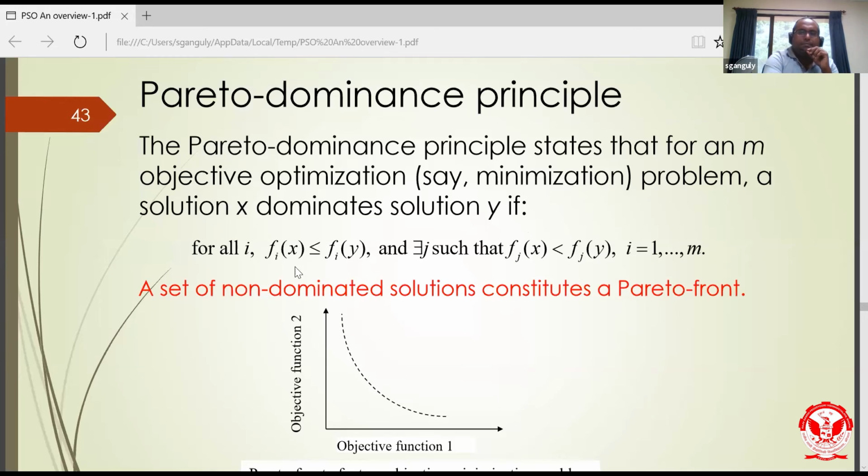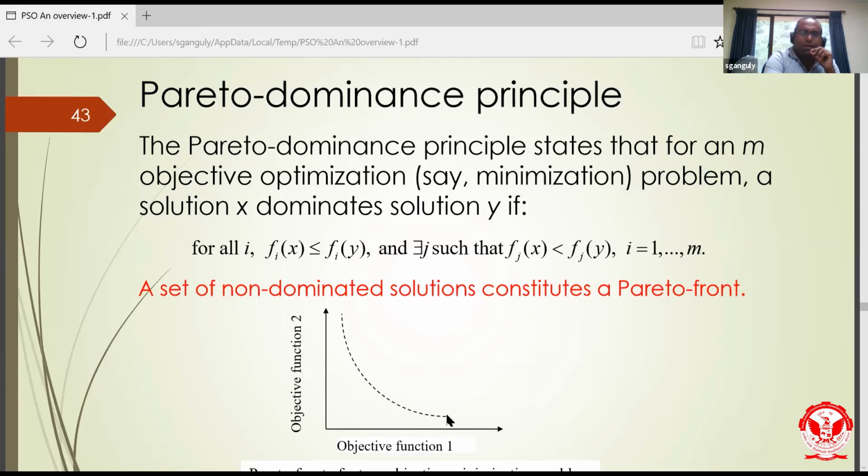If you apply this dominance principle, then finally you will arrive at a number of trade-off solutions, which are also called Pareto solutions, where no one is better than the other.